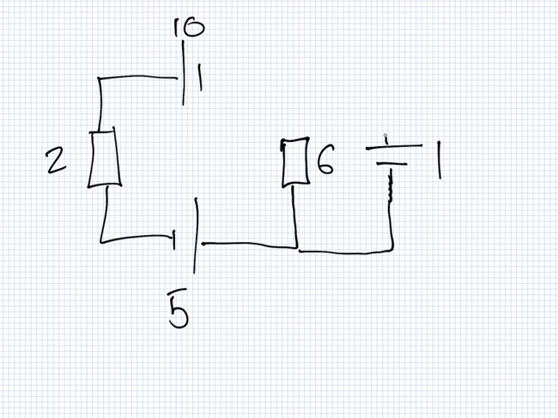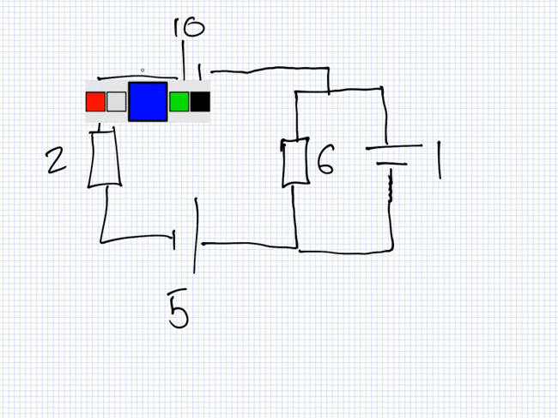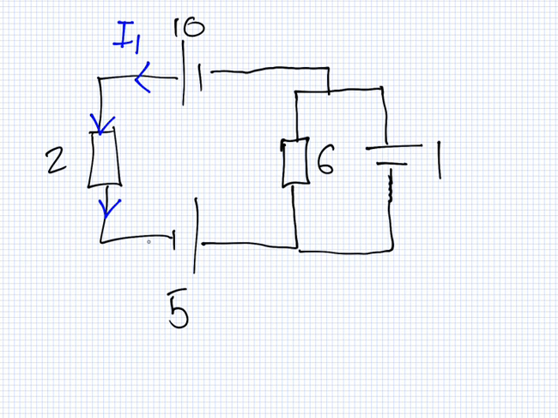Now what happens here? It splits into two. So this way I'll call I2, and down I'll call I3. And here is I2, and here is I3. And then what happens when it gets back here? It goes back to I1.